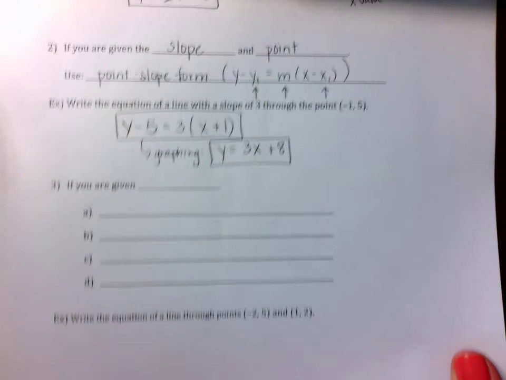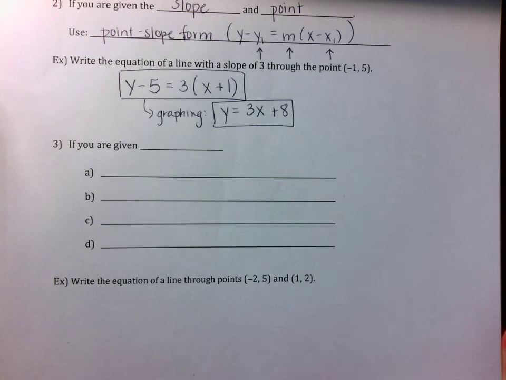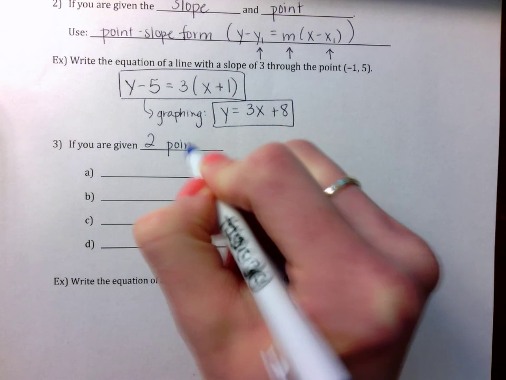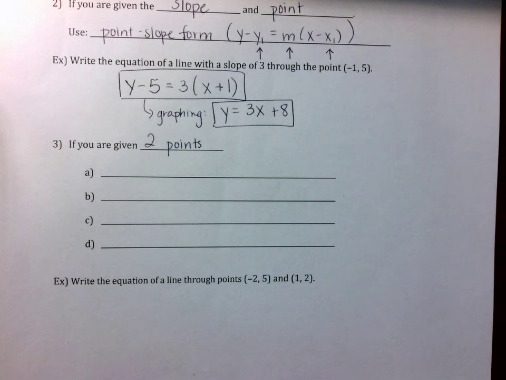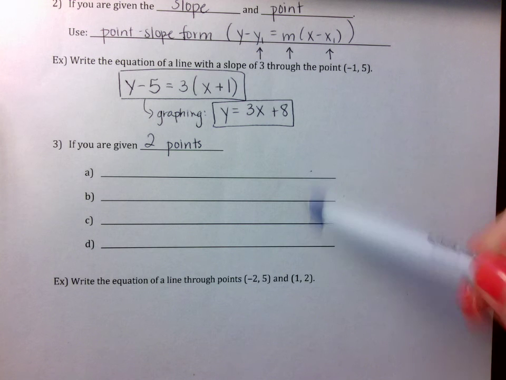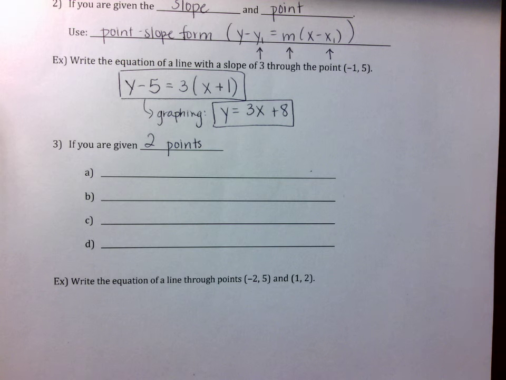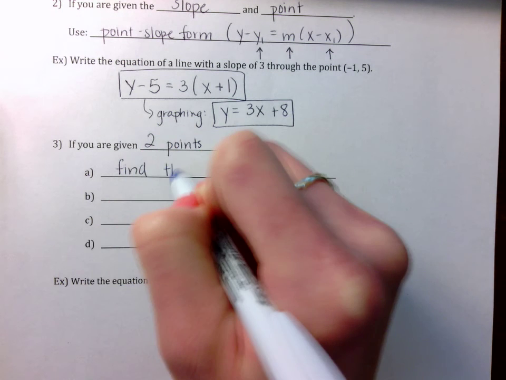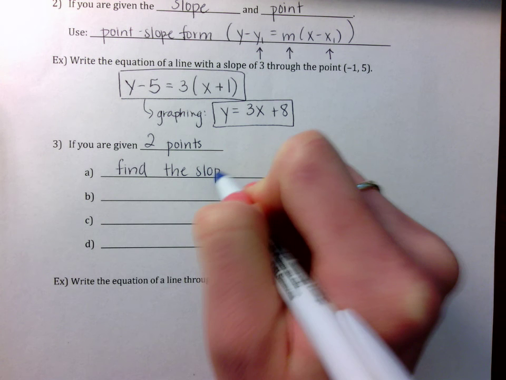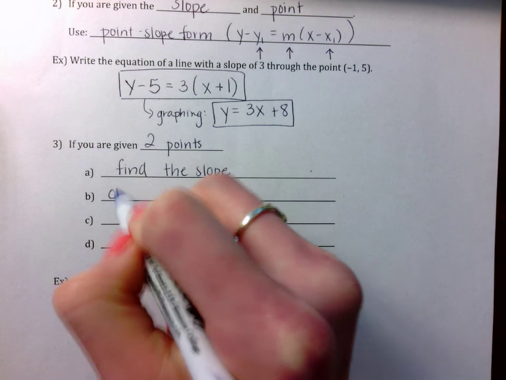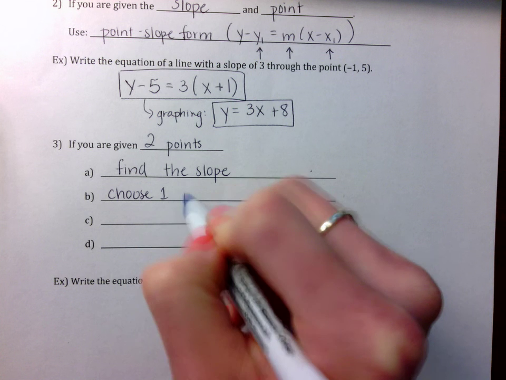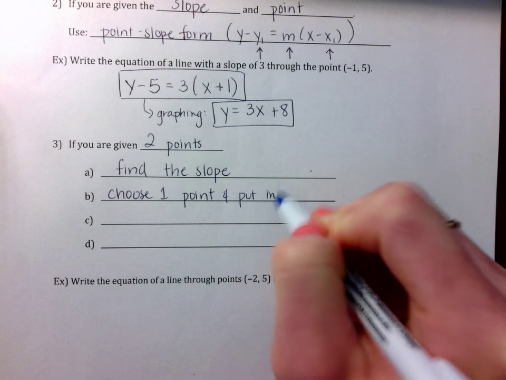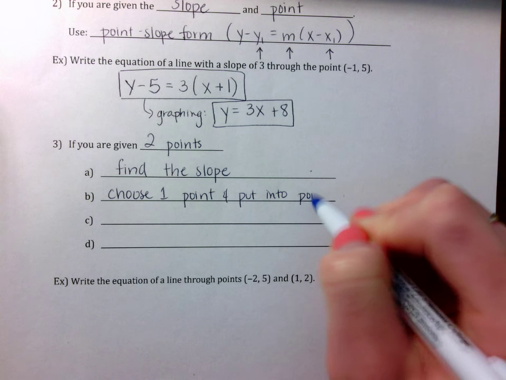And the last situation that happens is you are given 2 points. And this is probably the most complex case where you have to go through a couple of steps in order to get the equation of the line. So the first thing you have to do is find the slope. Once you find the slope, you choose 1 point and put into point slope.